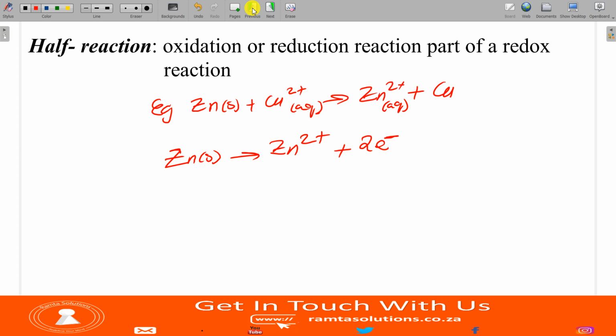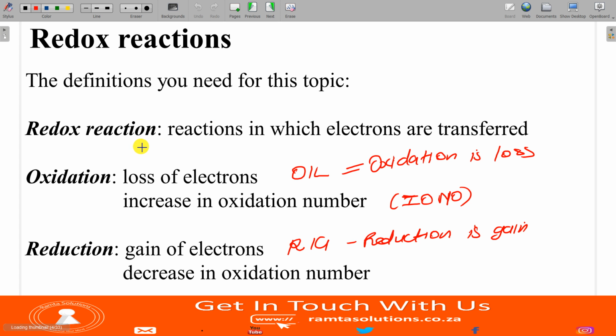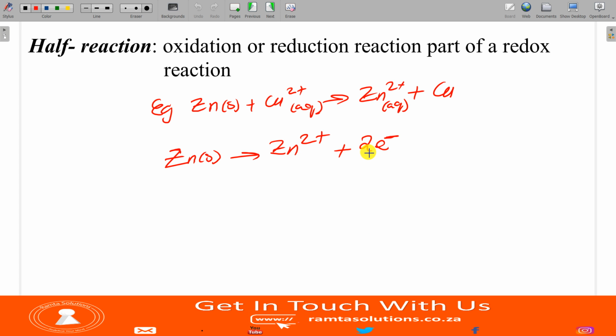You still remember the definition of a redox reaction: reactions in which electrons are transferred. And as you can see here, what do we call this? This is your oxidation half reaction.